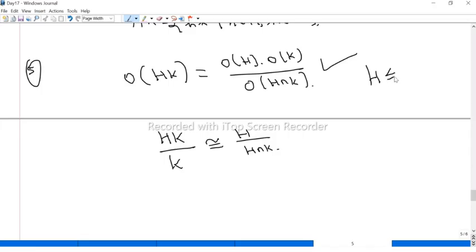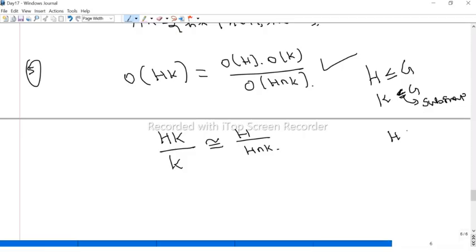Whenever I use the notation less than or equal to, it means subgroup. H is a subgroup of G, K is also a subgroup of G. Usually we use containment, but some books use less than or equal to denote subgroups. For denoting a normal subgroup, they use the triangle symbol with an equal sign.